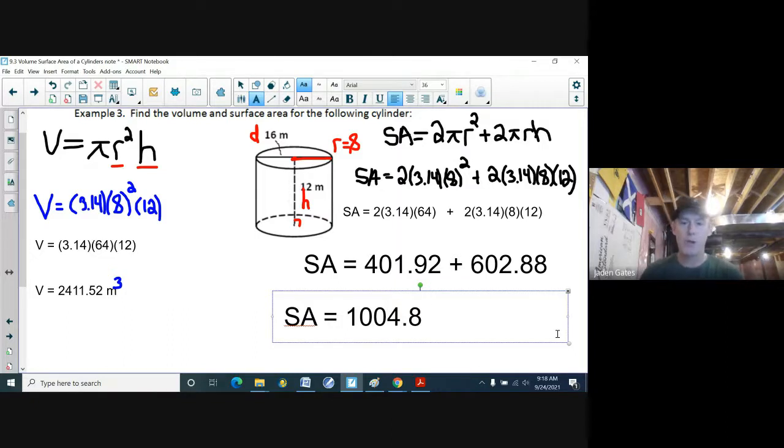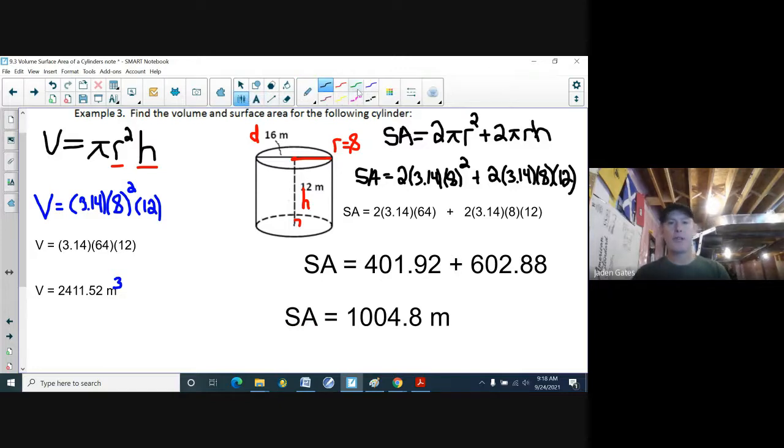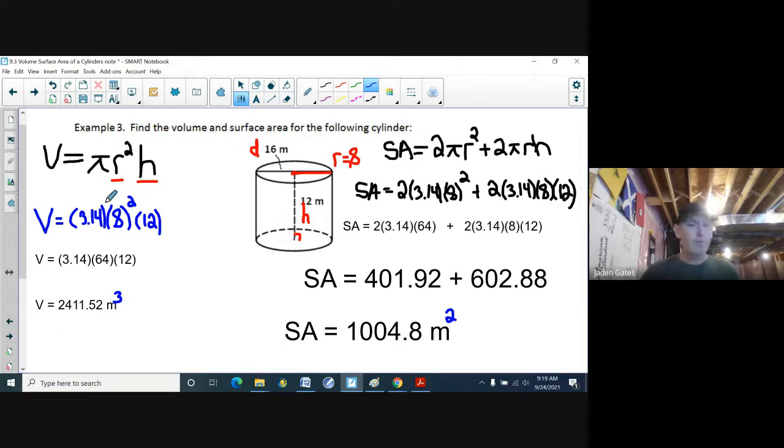Again, we have to throw some units on it. It's in meters, but this is the tricky part of surface area: we're talking about the number of squares that we are going to cover this object with. So I put a little 2 there for squares.